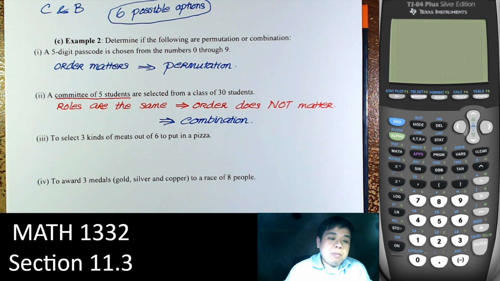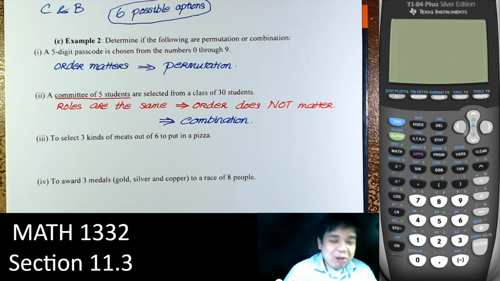Next, select 3 kinds of meat out of 6 to put on a pizza. I know what you're thinking. I'm not sure, when they make a pizza, whether they put all the meat together and then put it in the oven, or, depending on the type of meat, some will cook faster than others, so they might want to put something that's easy to cook first. That depends on the situation.